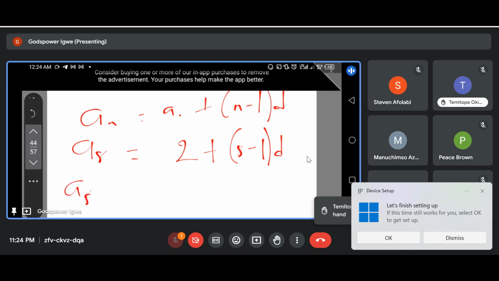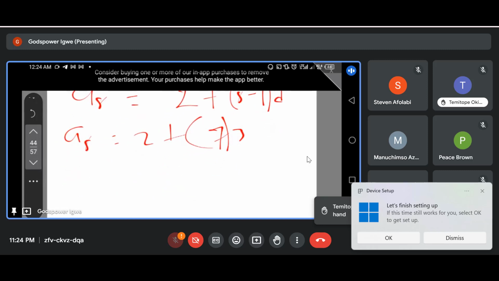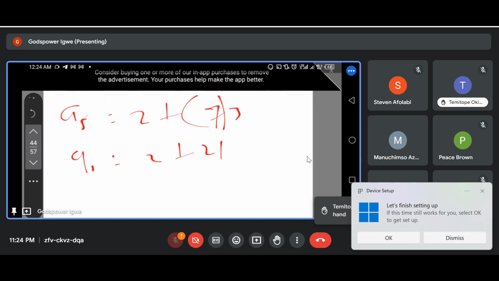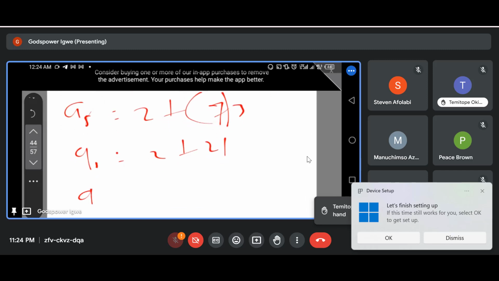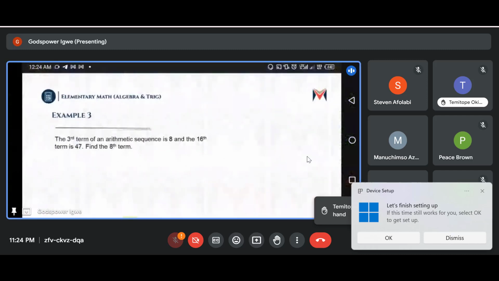So the eighth term is equal to 2 plus 7 times 3, and this is a8 is equal to 2 plus 21, and then a8 is equal to 23. So 23 is the answer to that question.